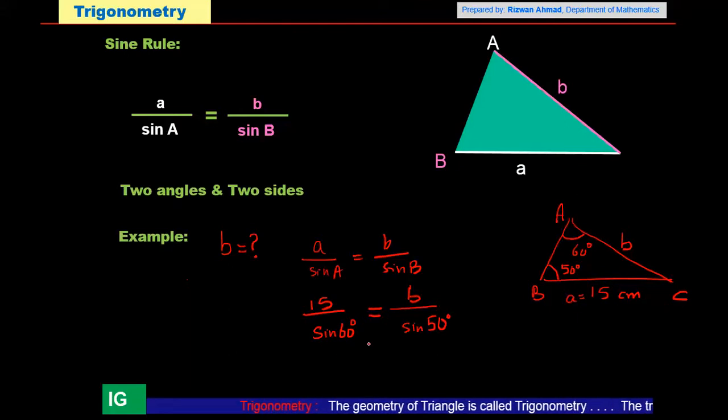So which means that if we keep b here, so b is equal to this sine 50 will be taken to the other side. It will multiply with this fraction.